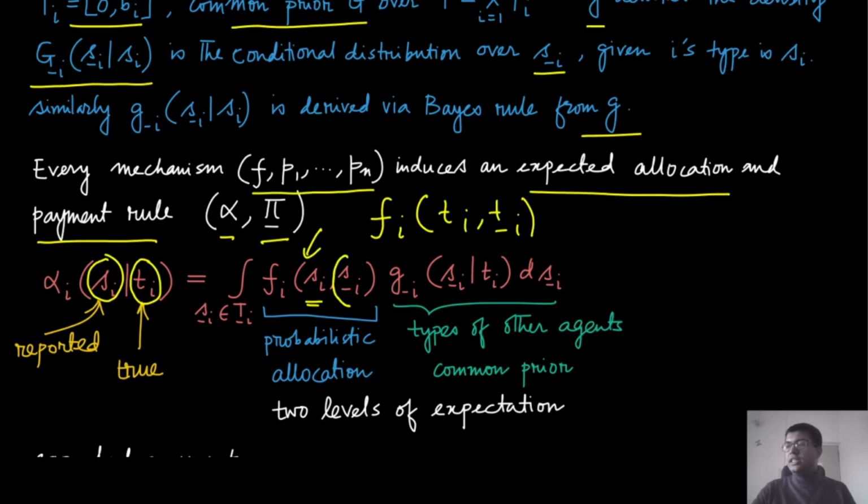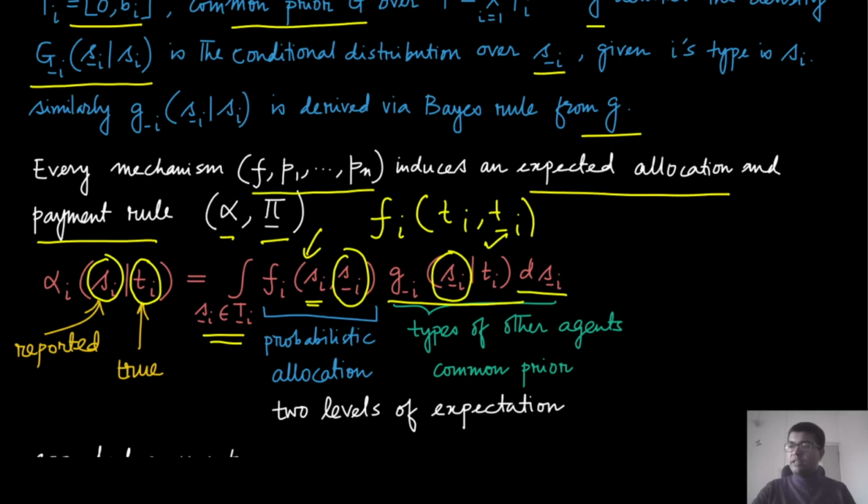And for all the other s minus i's, we are going to take an expectation. This is the conditional expectation, given that player i's true type is ti, and it has a belief over these s minus i's, and we are taking the expectation with respect to that. We are taking the integral over all those s minus i's.